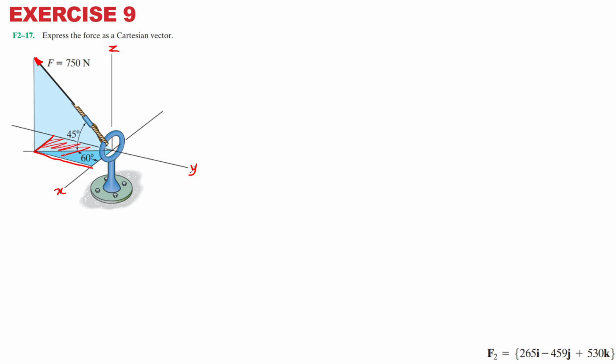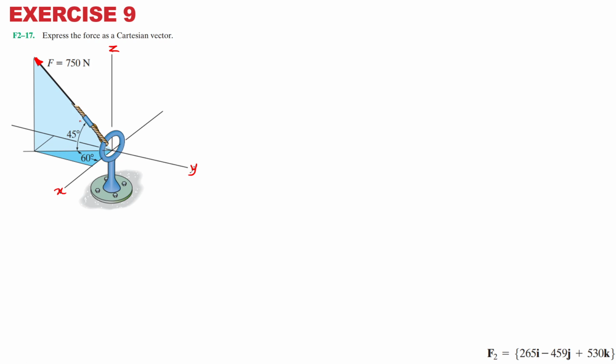This is a plane flat on the ground, and we are measuring the angles towards the plane. That's what is happening right now. All our angles, for example 45 degrees, are measured to the plane on the ground. Typically it's easier to measure forces towards a flat plane.